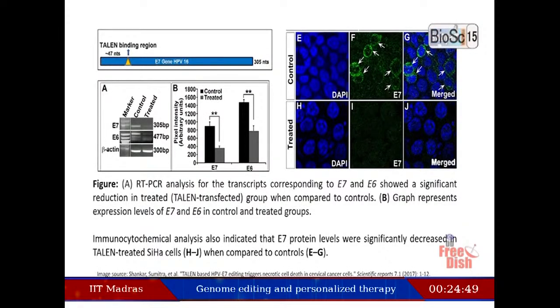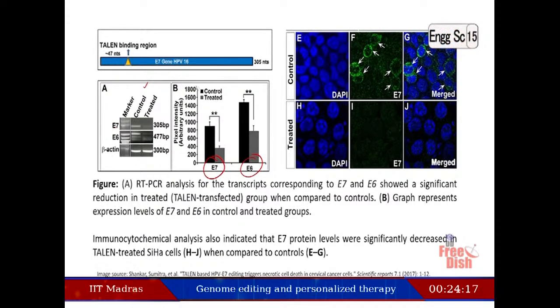In this figure, in A, we can see the RT-PCR analysis for the transcripts corresponding to E7 and E6 showed a significant reduction in the treated group when compared to the control group. In figure B, we can see the graphs which represent expression levels of E7 and E6 in control and in the treated groups.